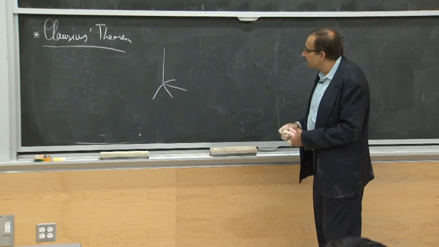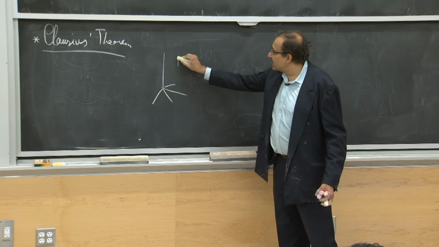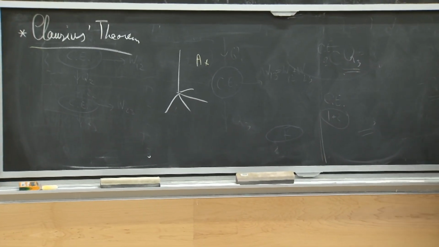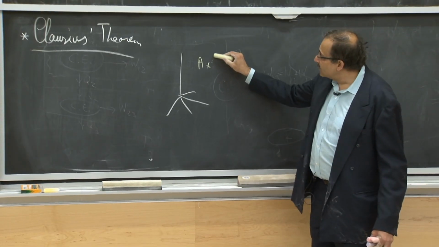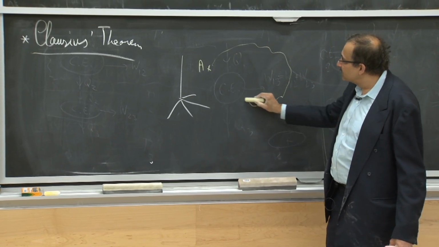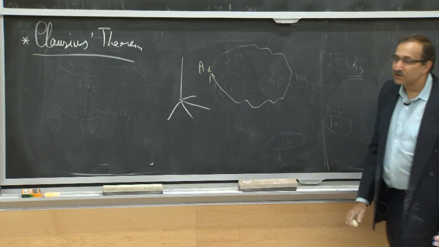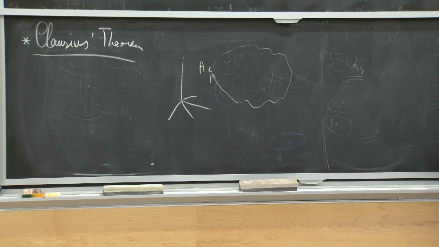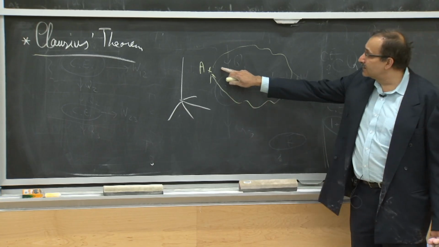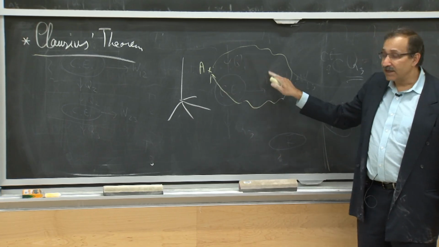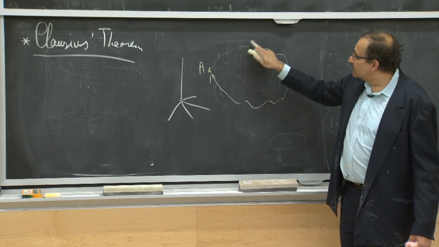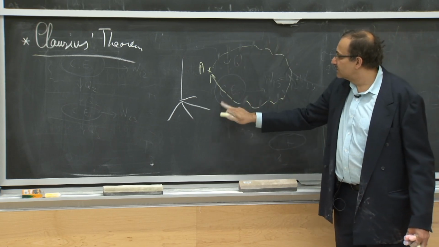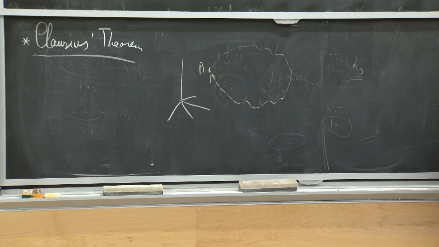I take the system from some point A, and the only requirement that I place on it is that ultimately I do something and I come back to A. So it is a cycle. What I don't even require is that this is a quasi-static process, so that the intermediate stages are well defined in this coordinate space.